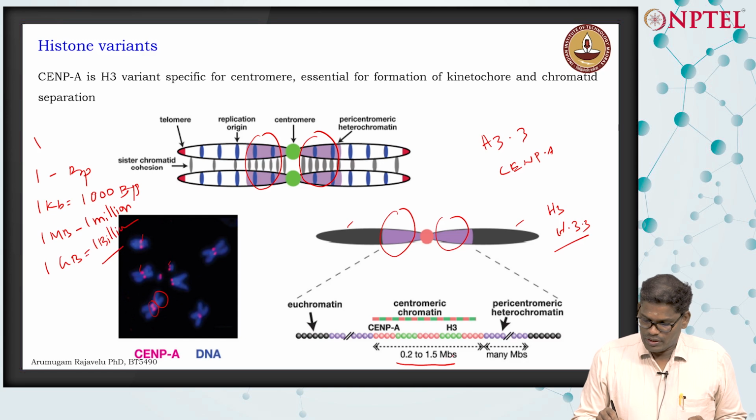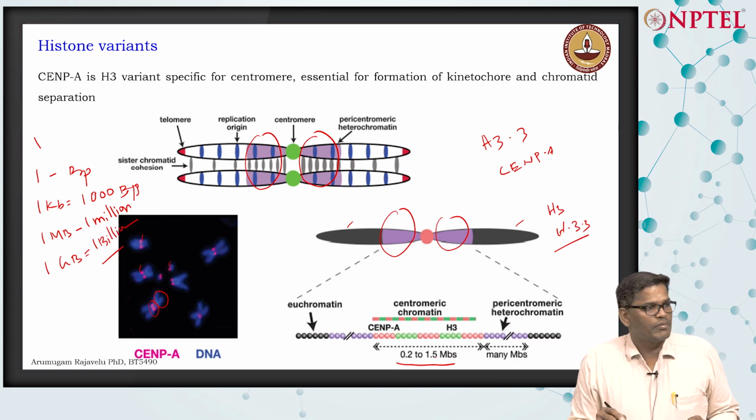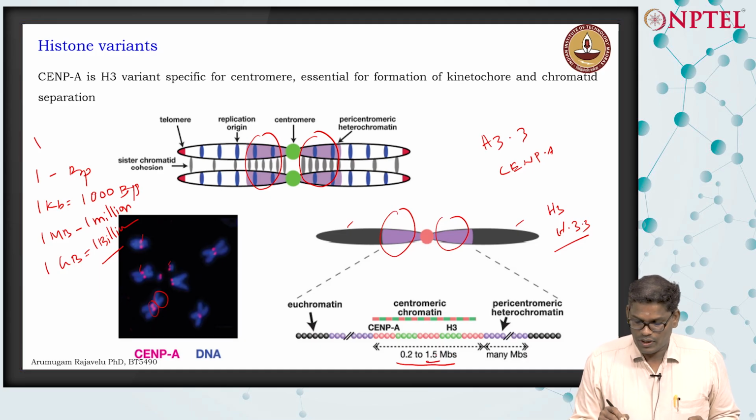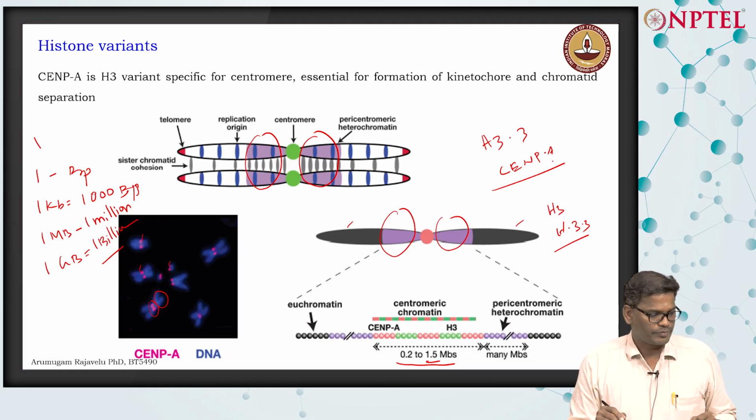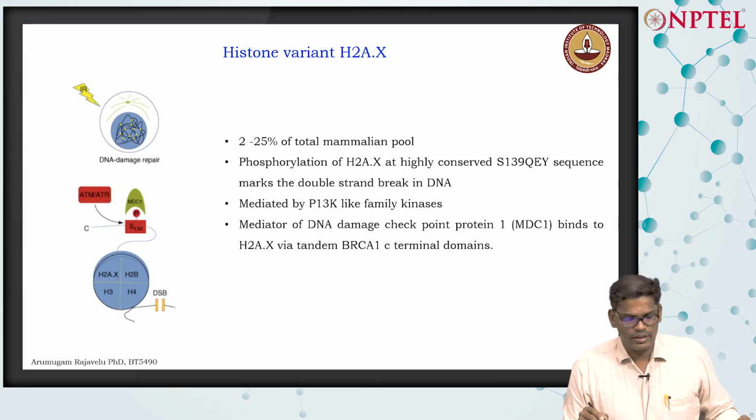So the average length of these centromeric regions is roughly around 1.5 million base pairs, where this particular variant is occupying. That's the information.